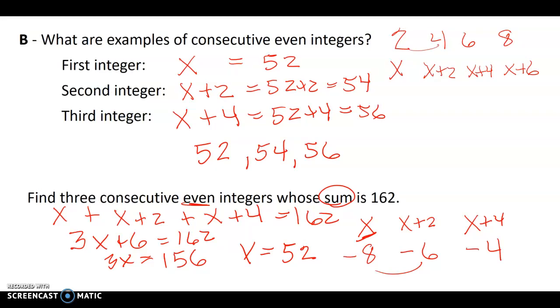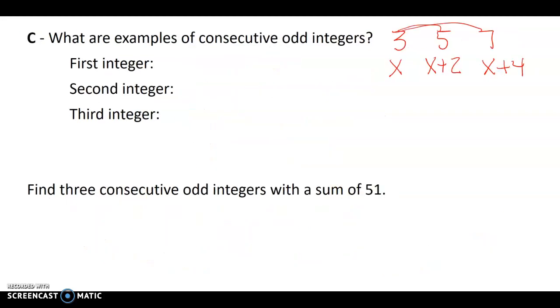But if you think about it, every other number is 2 away from each other, whether it's odd or even. Even if I use this with negative numbers, -9, -7, -5, letting this be my x, we are adding 2, and we're adding 4 to the pattern of the original x.